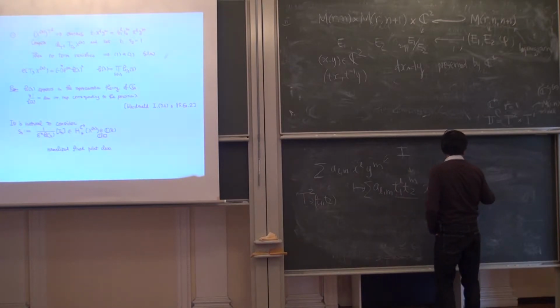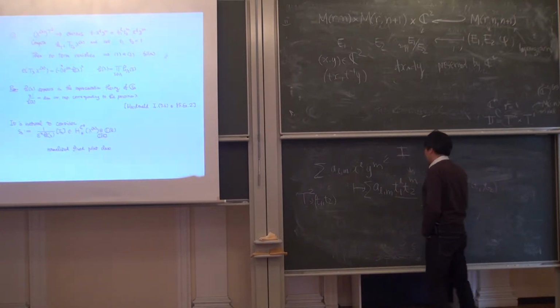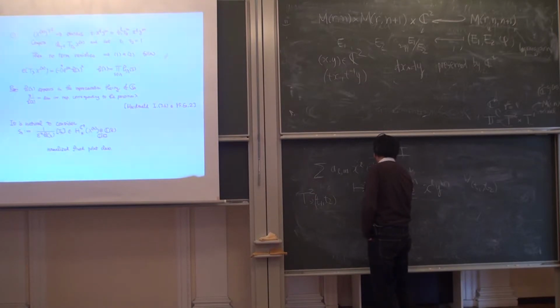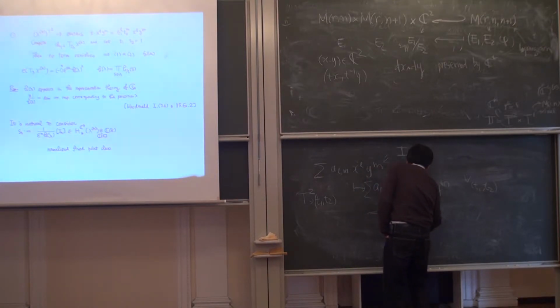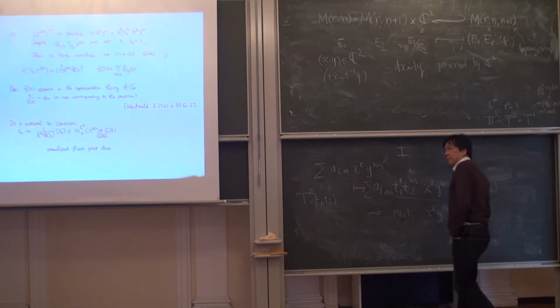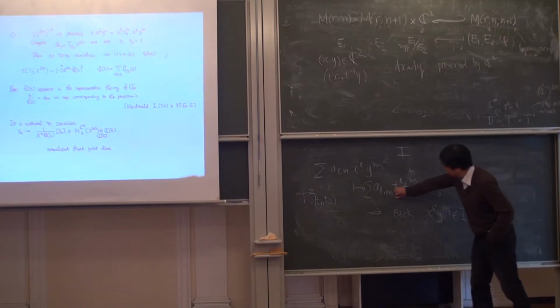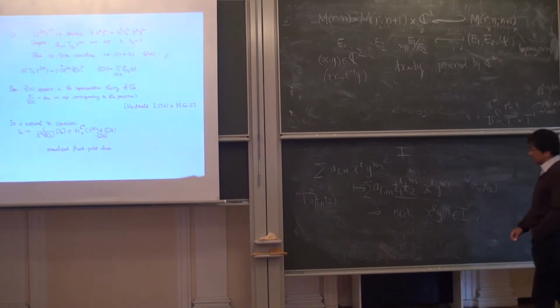So for all T1, T2, it implies that each term x^L y^M is also in the ideal, because they are different and become linearly independent.